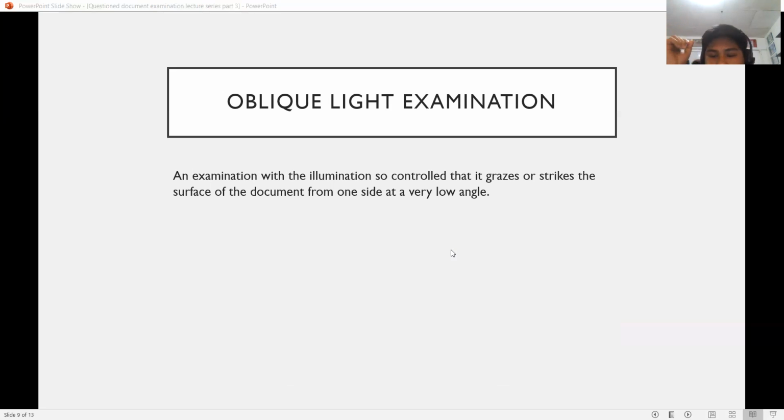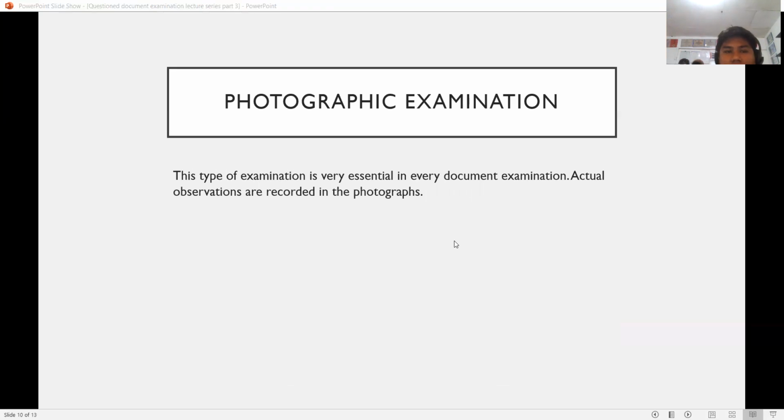Okay. Again, decipherment of faded handwriting, mga na-fade na handwriting is subjected to oblique light examination. Determination of outlines sa mga trace forgery kanang gi-trace nga signature, ma-determine na sa oblique light examination. And embossed impressions. Okay.